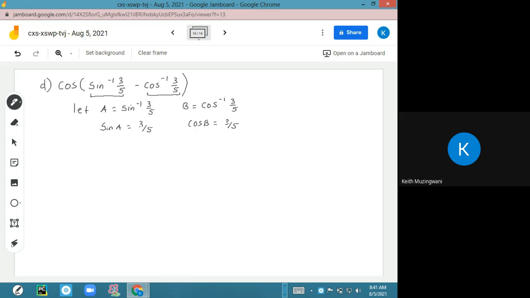Now we understand that if we are to form a triangle and put A here, since sine is opposite over hypotenuse, this side here would be 4. And in another triangle, for cos, you put B here, cos gives us 3, 5, so this side would be 4.